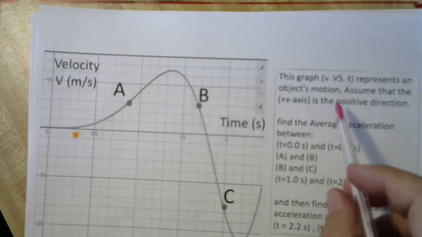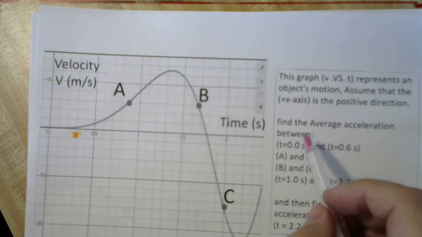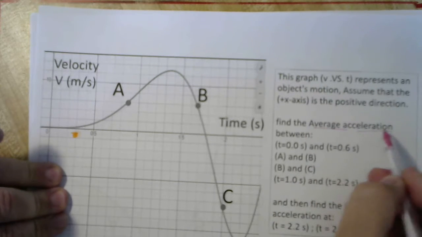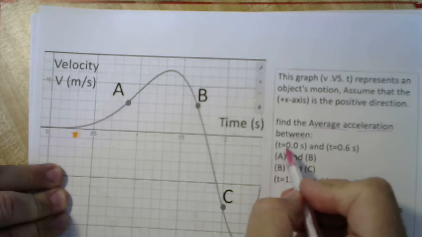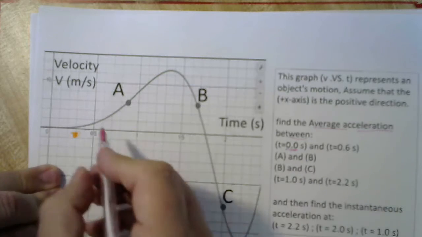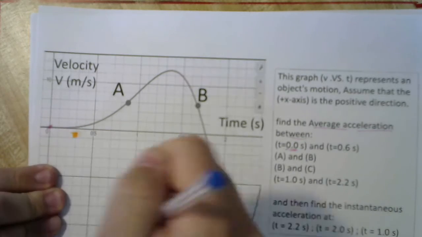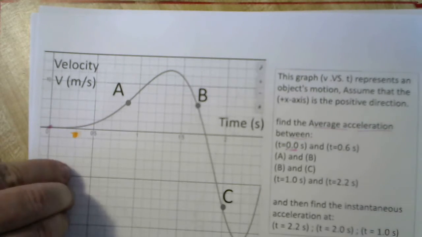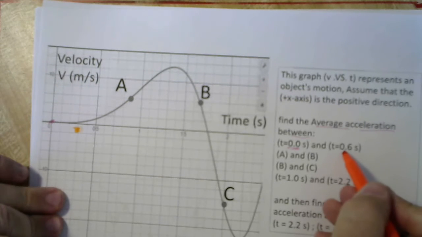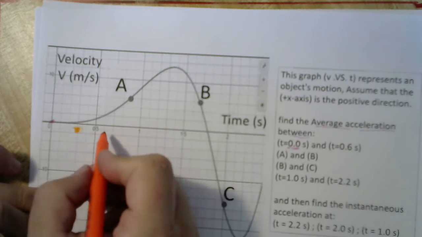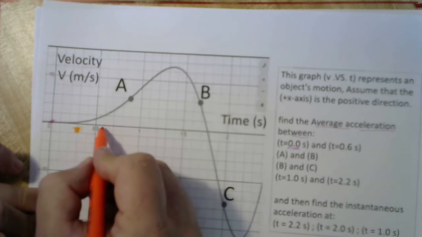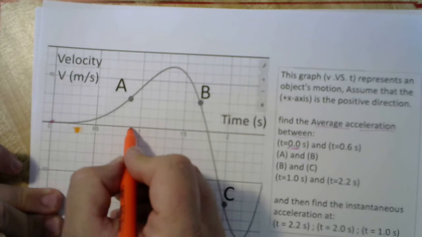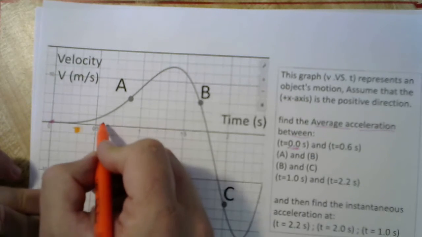Let us now find the average acceleration between the points t equal to 0 and t equal to 0.6.